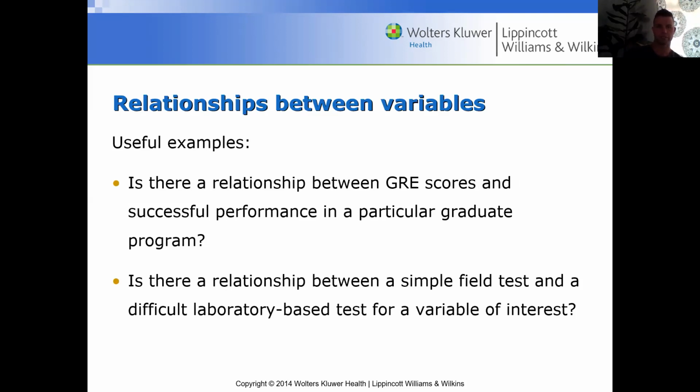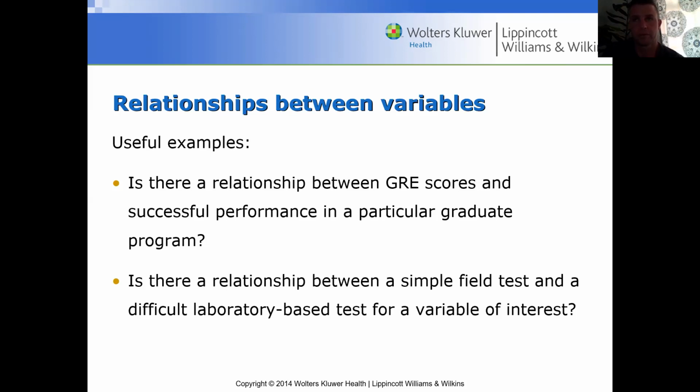Relationships between variables. Is there a relationship between GRE scores and successful performance for particular graduate programs, right? Why would we do that? We already got the GRE set up. Well, the question would be, is it really a good test?